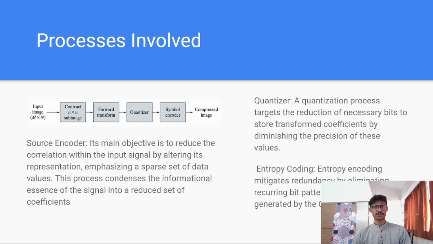Now, what is quantization? Quantization is a process that aims to reduce the number of bits needed to store transformed coefficients by making the values less precise. This can be done in two main ways. Scalar quantization means adjusting each transform coefficient individually to reduce the level of detail, therefore needing fewer bits to represent each value.